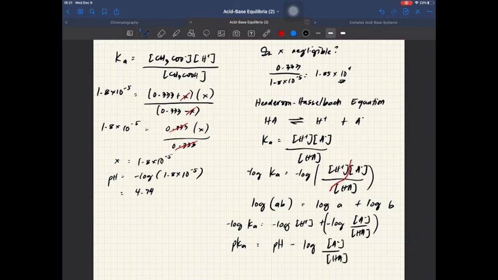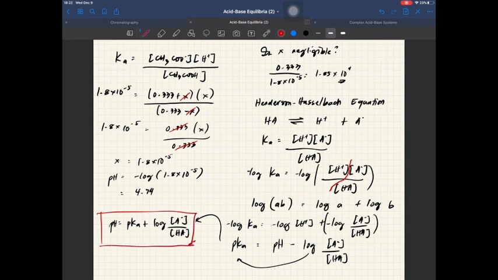So rearranging the equation, transposing this one over there, we get an expression that is equal to pH is equal to pKa plus log of A minus over HA. So this is what we call the Henderson-Hasselbalch equation, which is derived from the expression of Ka.